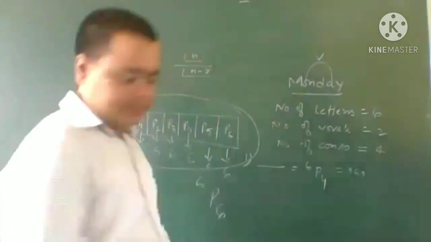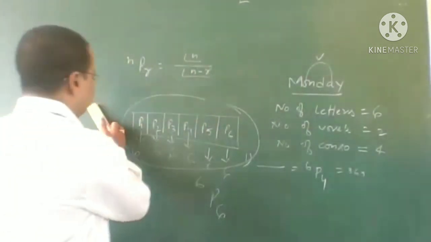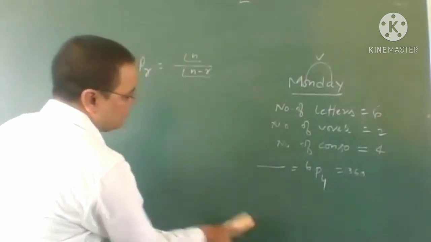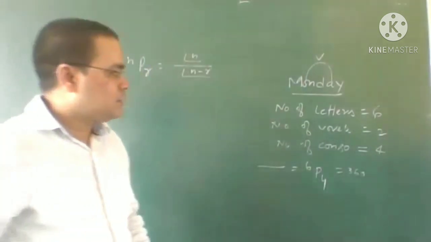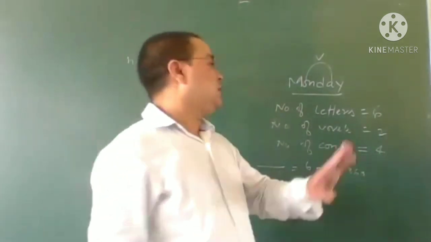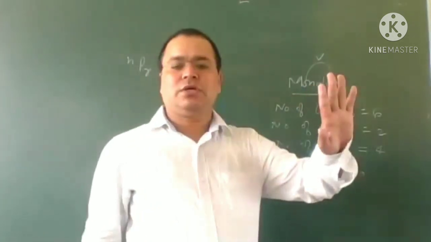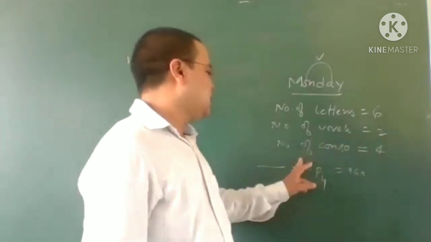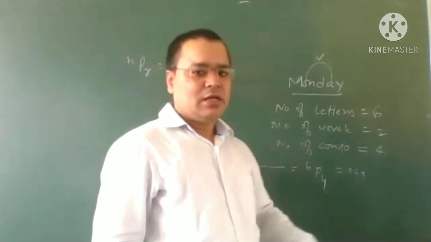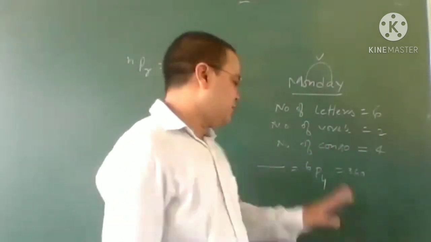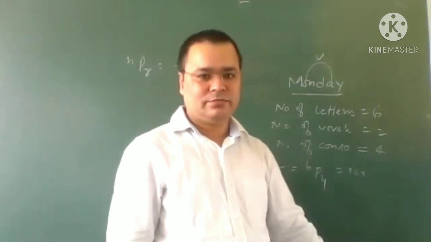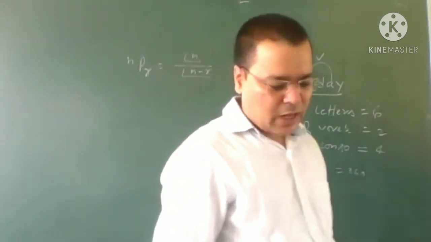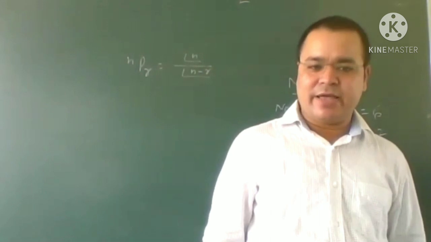One second, look here. The second question: the word Monday is given, and we have to use it. There are 6 letters, 2 vowels and 4 consonants. You just told me by raising your hand that there was no problem in the first question. Now in the second question, all letters are used at a time.